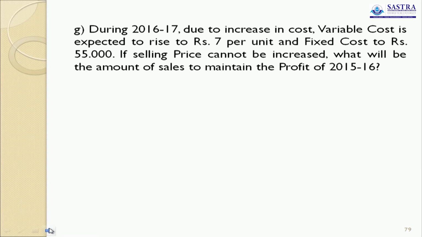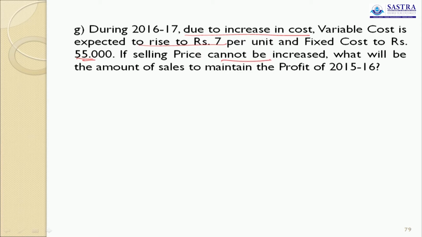So, the next question, they ask one more question. During 2016-17, due to increase in cost, variable cost is expected to rise to rupees 7 per unit and fixed cost to rupees 55,000 if selling price cannot be increased.